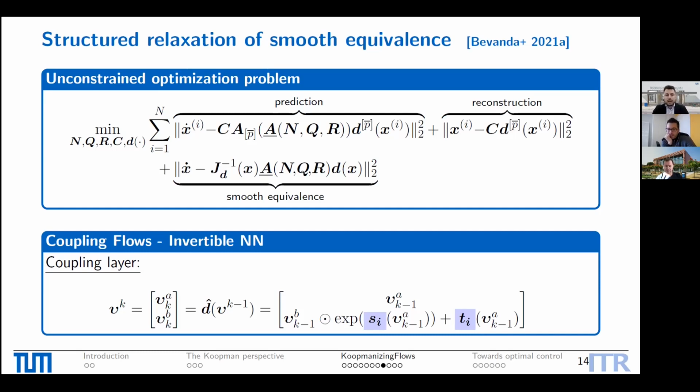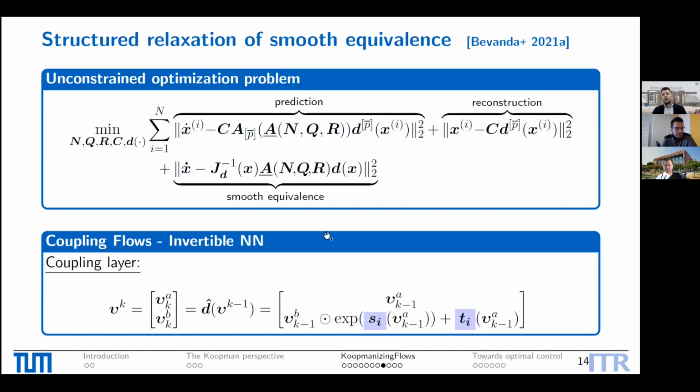Here we have an invertible neural network that's constrained by its outer structure to be an invertible map. And these S_i and T_i maps that are highlighted are basically free-form function approximators in general. This still leads, because of the outer structure, to an invertible map. But what we want is a diffeomorphism.